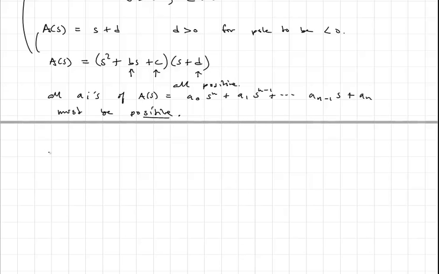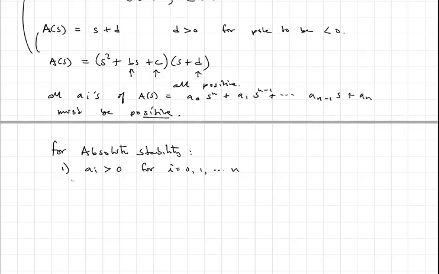So let me recap that. For absolute stability, one, a_i must be greater than 0 for i equal 0, 1, 2, all the way up to n.